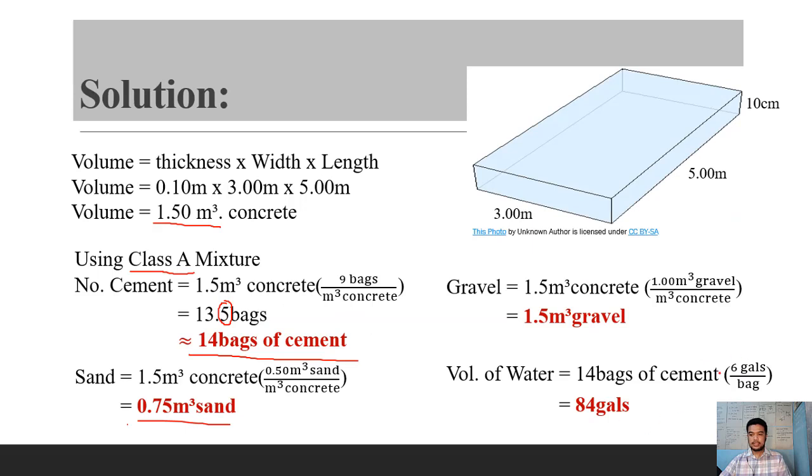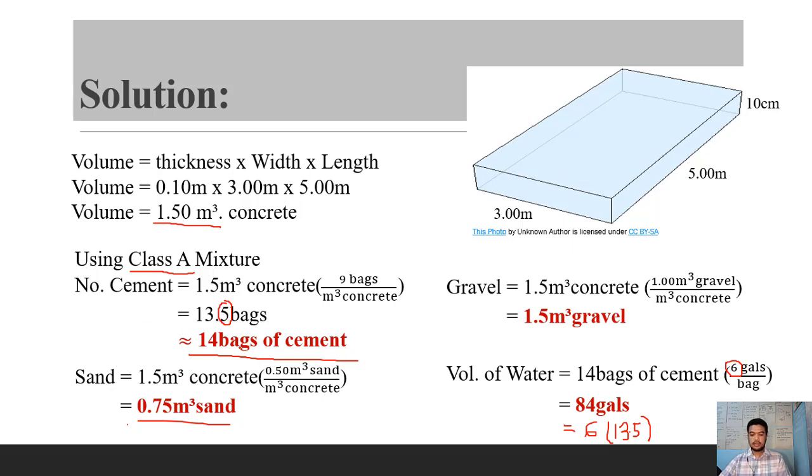Therefore, you will multiply 6 by 14 to get 84 gallons. Okay? But I think it is more correct if we multiply 6 by 13.5, because 13.5 bags are poured into this.